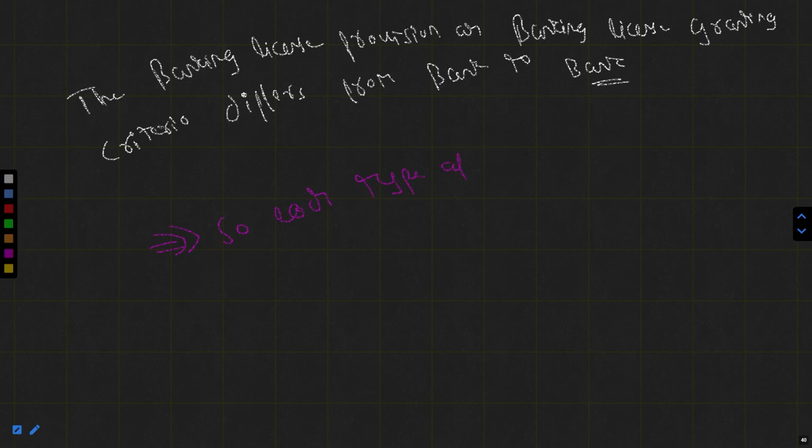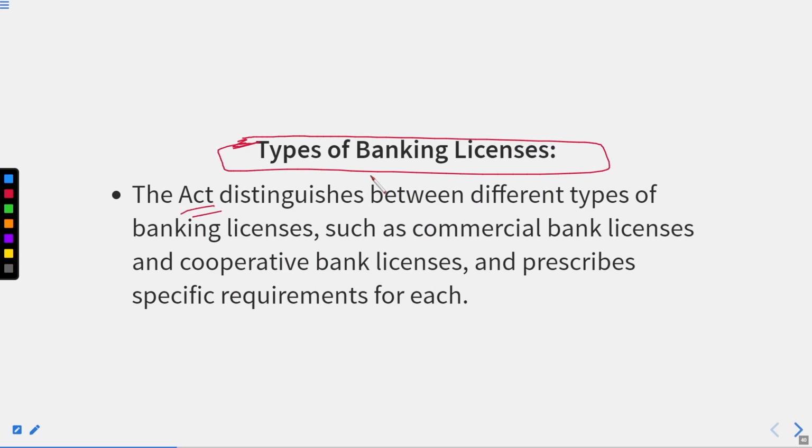Because there are many types of banks, each type of bank has different criteria for license granting. Okay, and this is known as the types of banking licenses.